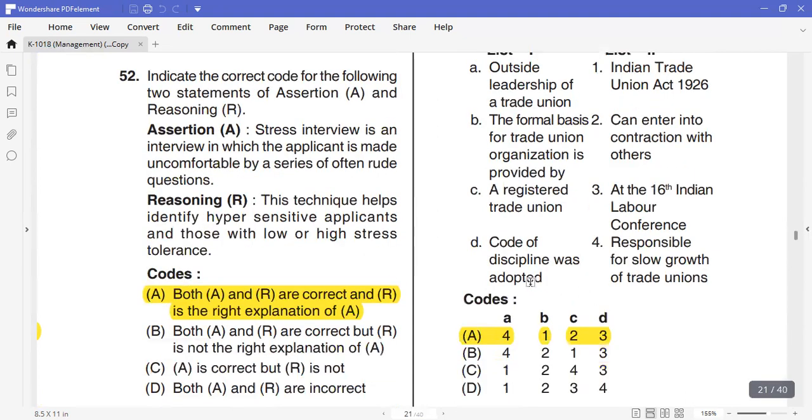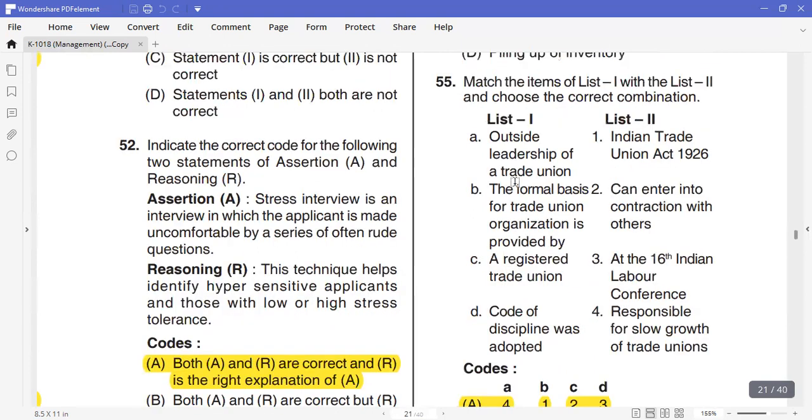This is related to HR, once again law related. A is related to 4: outside leadership of a trade union is responsible for the slow growth of trade unions. B is 1: the formal basis of trade union organization is provided by the Indian Trade Union Act 1926.